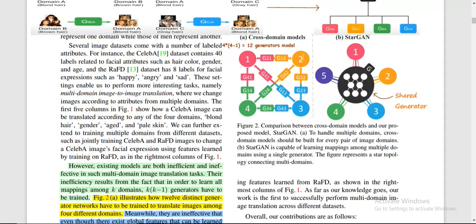So what StarGAN does is propose a shared generator, and you can easily translate from one domain to another domain simultaneously. For example, 1 to 3 or 2 to 4 or 3 to 5 simultaneously, so that we do not need a separate generator for each translating domain.